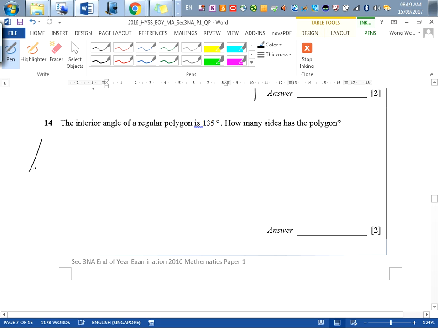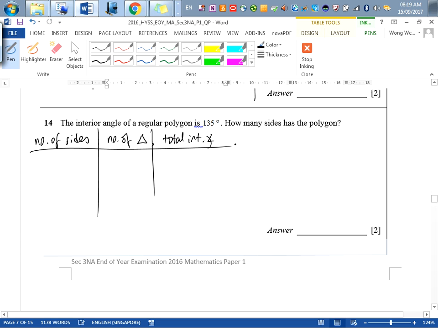For example, shape, number of sides, number of triangle, total interior angle. Okay, so now I have a triangle.